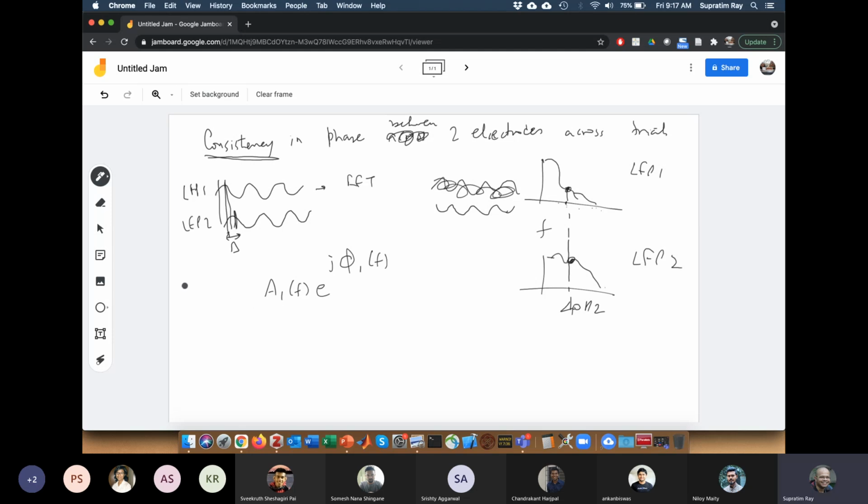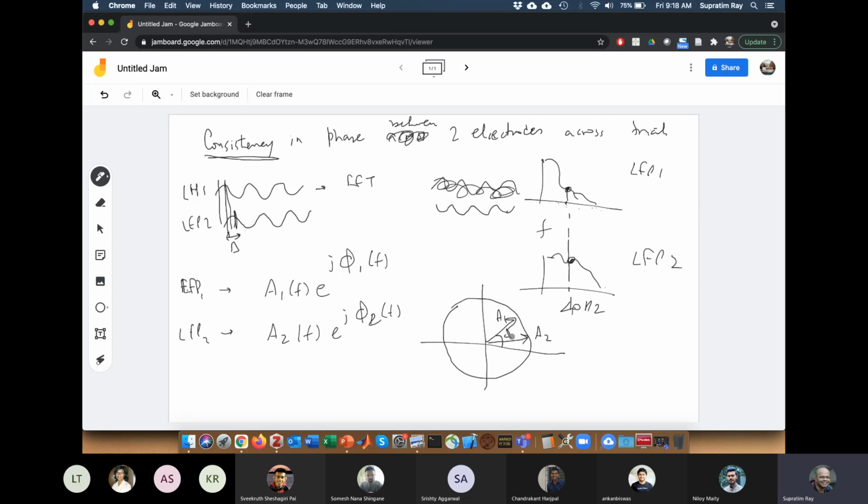This is your spectrum, the FFT of LFP1, and likewise LFP2 will have a similar thing. You can think of both of them as two vectors of amplitude A1 and A2 and phase phi1 and phi2.